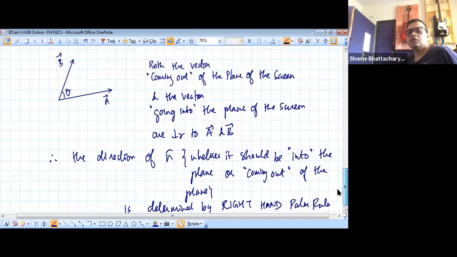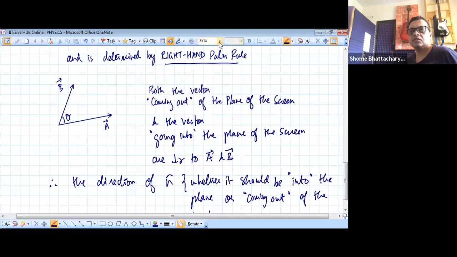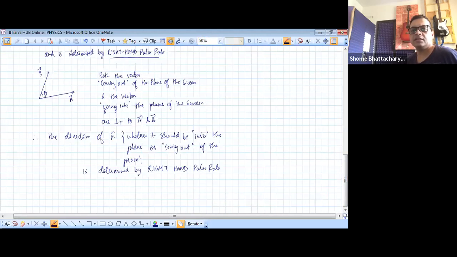Okay. So whenever we look at two vectors like this, A and B lying in the plane of the paper you are drawing in or the plane of the board in which you are seeing, you want to represent n cap as a vector which is perpendicular to both A and B.